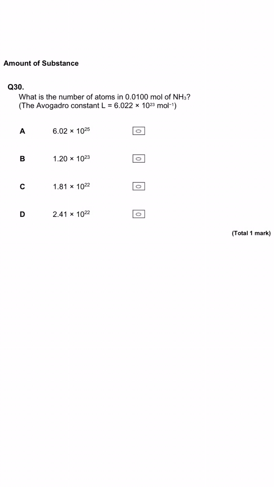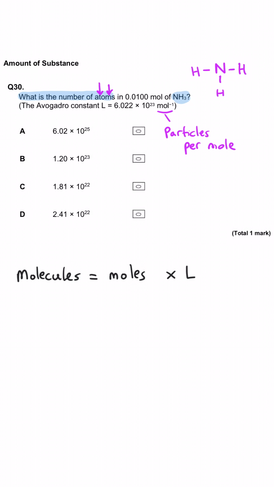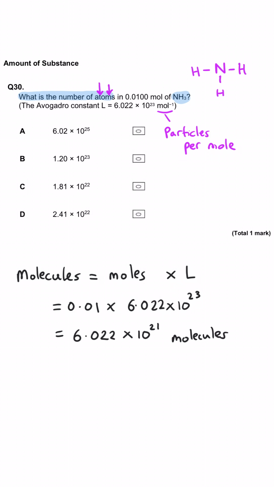This question is asking us to use the Avogadro constant to work out the number of atoms in 0.01 moles of ammonia. Now, the particles per mole is what Avogadro's constant actually means, and so the first thing we need to do is multiply those two numbers together, and that will tell us how many molecules we've got, and that is going to be 6.022 times 10 to the 21.